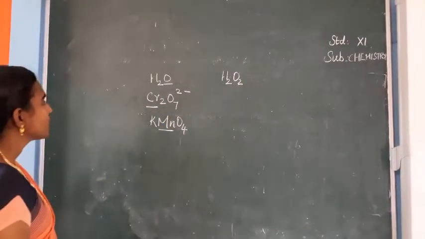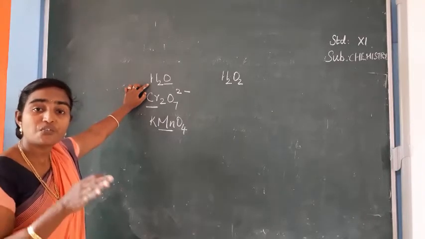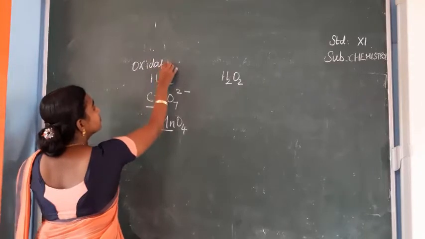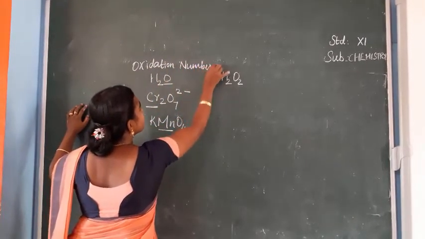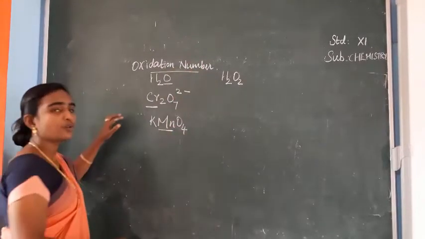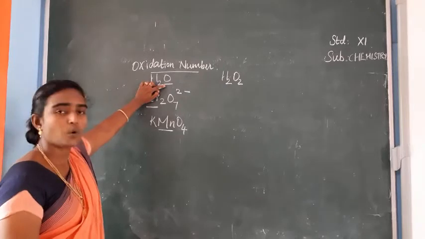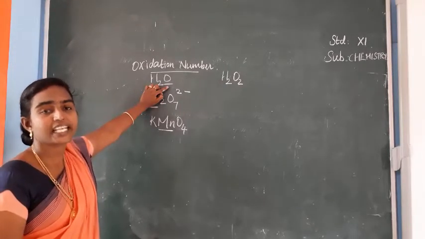So see here, first H2O, I have underlined oxygen, isn't it? To find out the oxidation number, okay, see here H2O, isn't it? This underlined element should be taken as X.